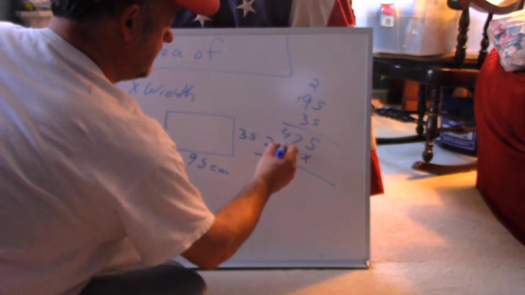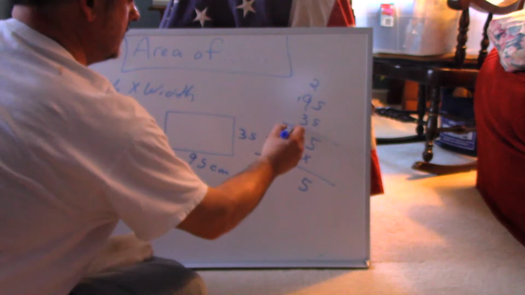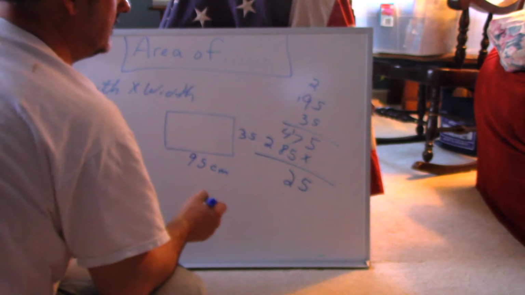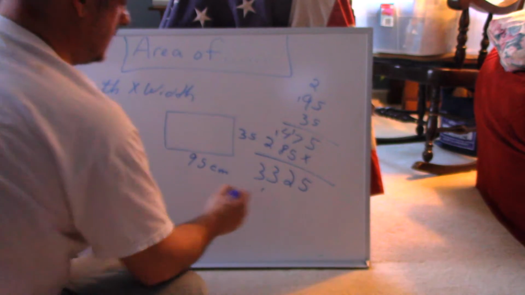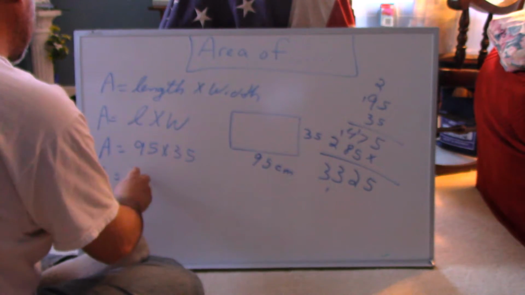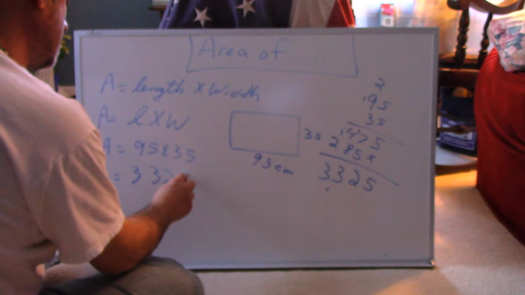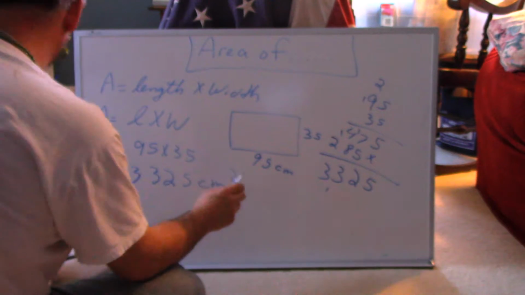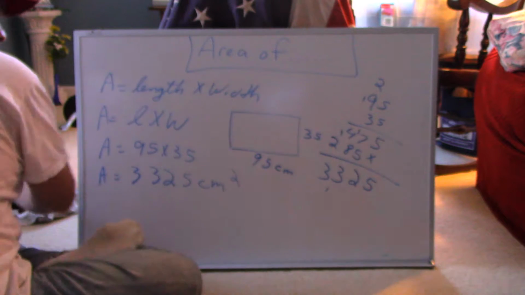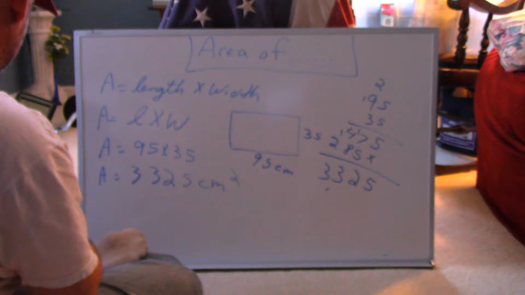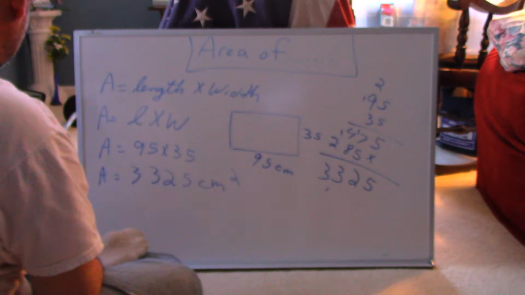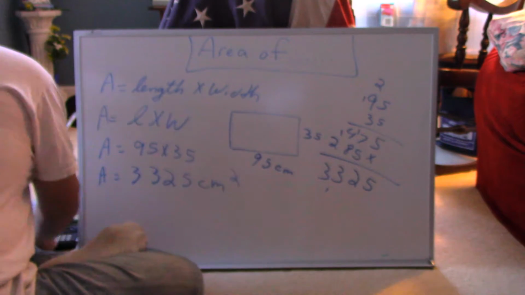And then we just add 5, 12, 8, 9, 10, 11, 12, 13. 2 and 1 is 3. 3,325. I'll check on my calculator. And that would be centimeters squared. 95 times 35 is 3,325. Correct, good. All right, so that's excellent.